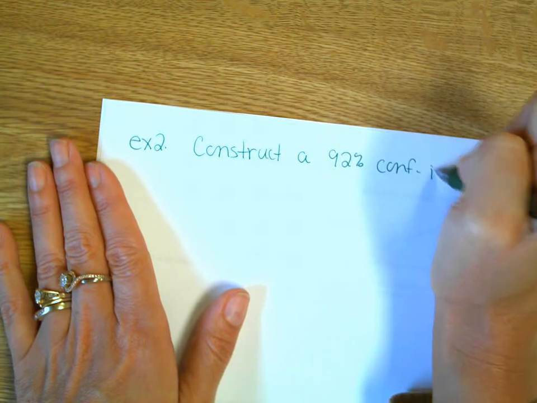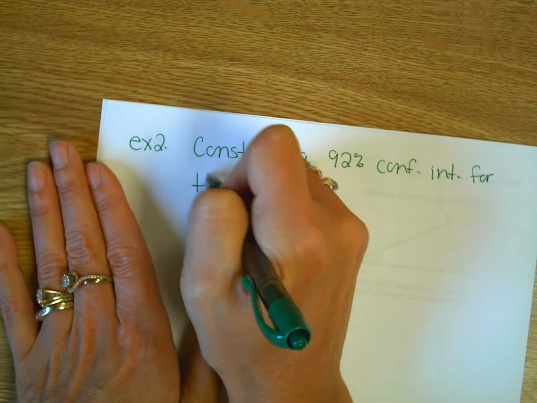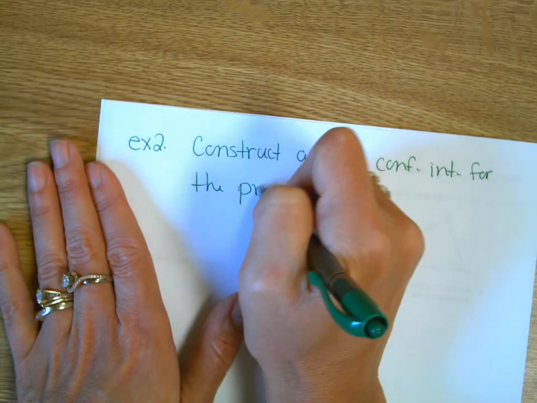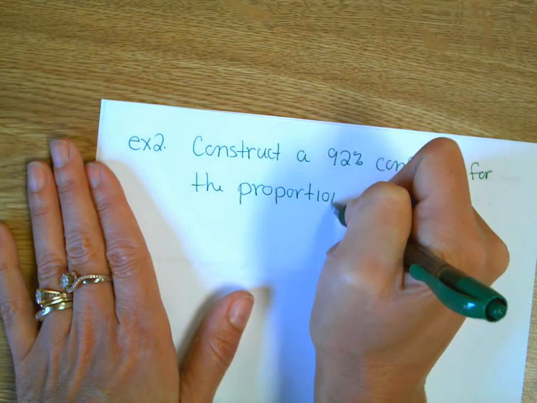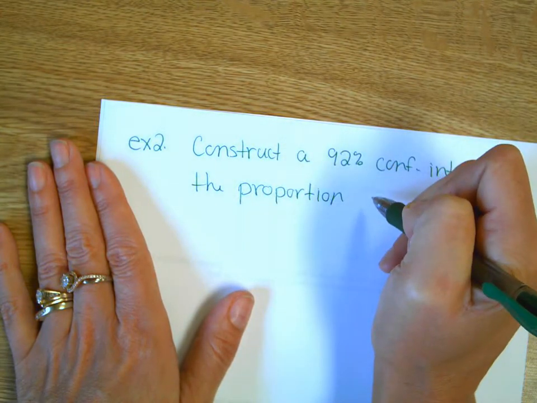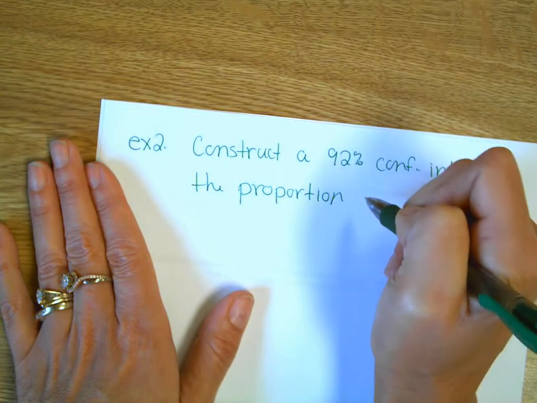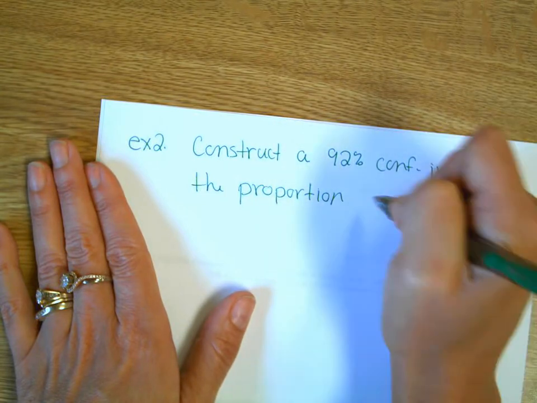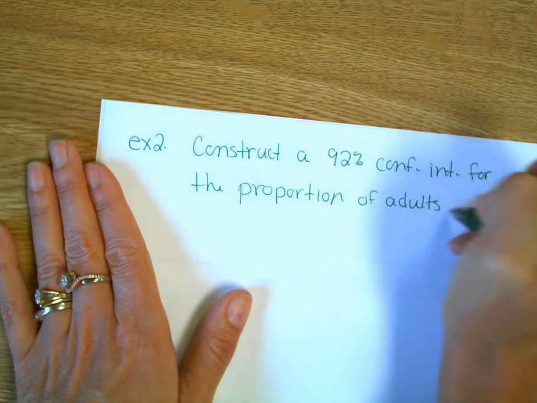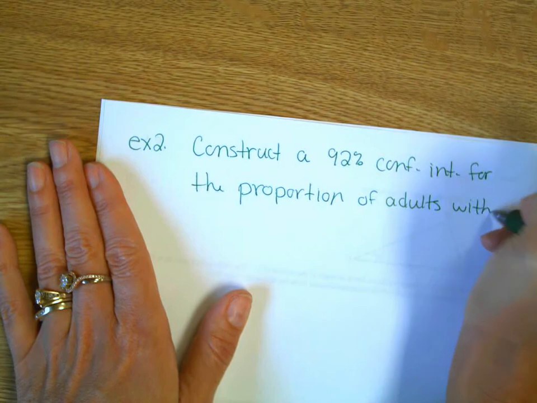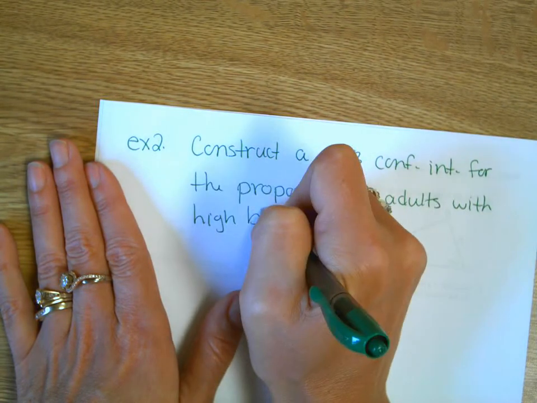Confidence interval for the proportion of the population of adults with high blood pressure.